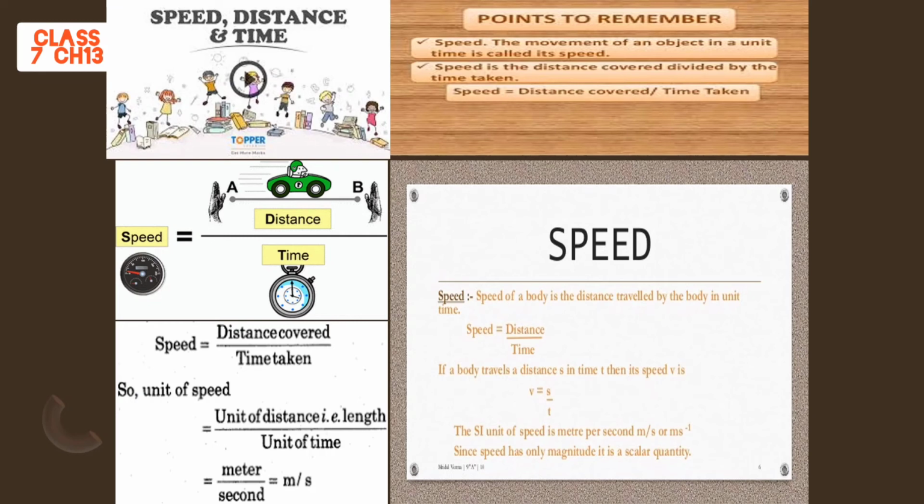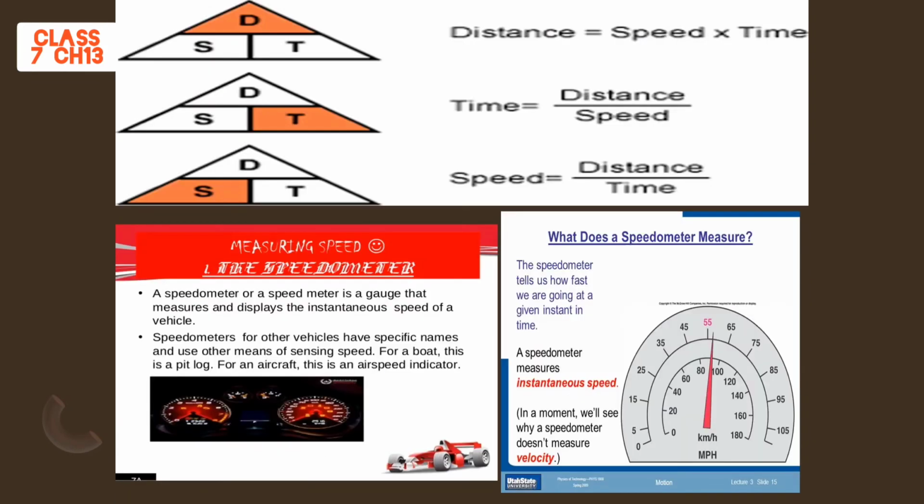So here speed is equal to distance upon time. Now we know that speed is equal to distance upon time. So if we have to calculate time, then we are going to replace time with speed. So here time is equal to distance upon speed. Now, what is distance? Distance, we multiply time with the speed, we will get the distance.